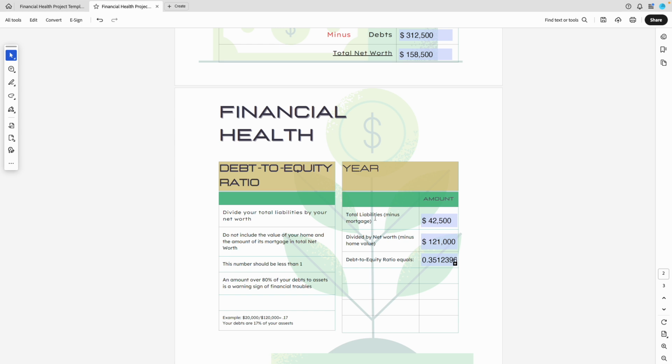So let's look at what we have. Our total liabilities minus the mortgage is $42,500. Our total net worth minus the home value is $121,000. So that gives this person a debt to equity ratio of 35%. So yes, it's under 80. That's still a high number.